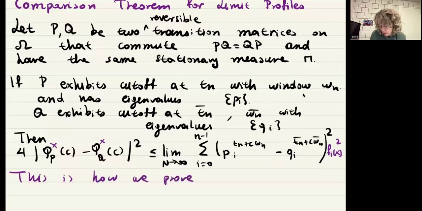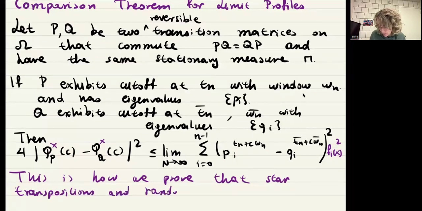I will not say more, but there's no need to go into any representation theory, but this is how we prove that star transpositions and random transpositions have the same limit profile.